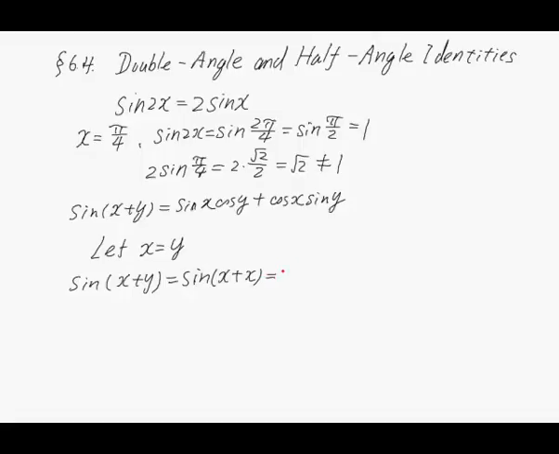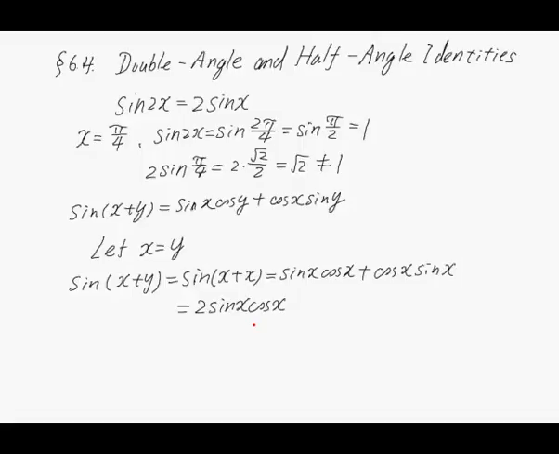And then we get sine x times cosine x plus cosine x times sine x. So this is just 2 times sine x times cosine x.